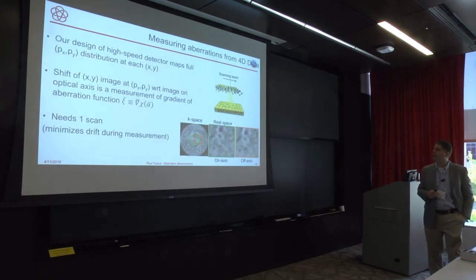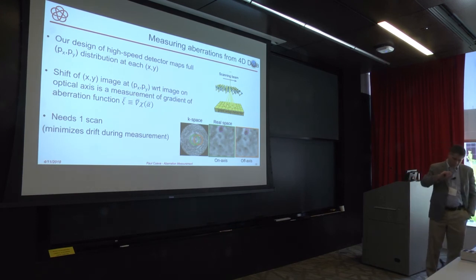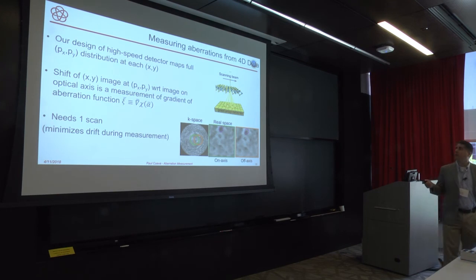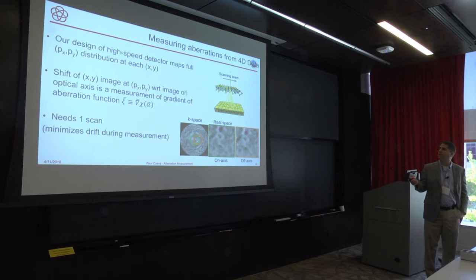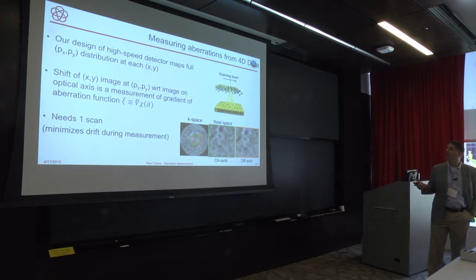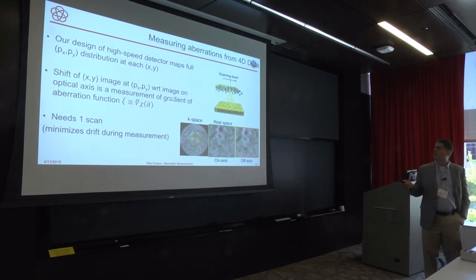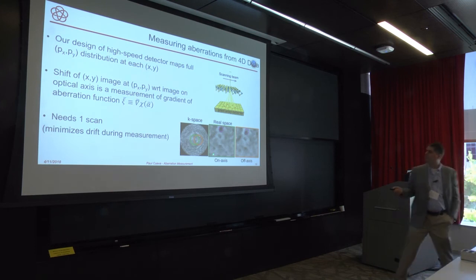What we've managed to do at CBB in the last 2 years is use a detector we've developed that gets us a measurement of the 4D phase space. So at every position of the beam, it gets the momentum distribution, which is the scattering angle from elastic scattering. So now I have a 4D phase space. You can convert this to a shift of an apparent image at a given momentum point.